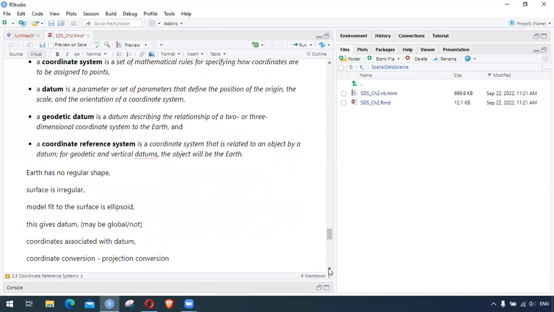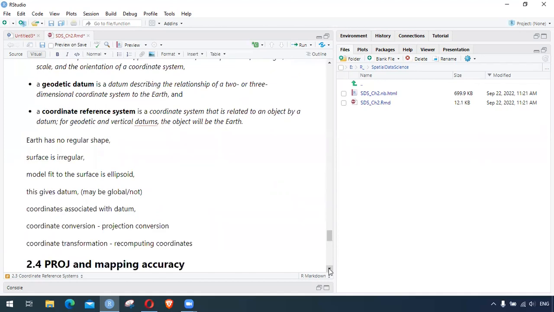The coordinates are associated with the datum, and coordinate conversion, or projection conversion, can be done, and these are the things in section 2.3.